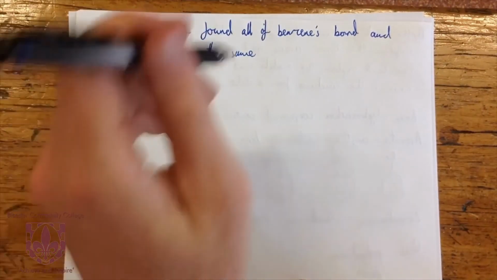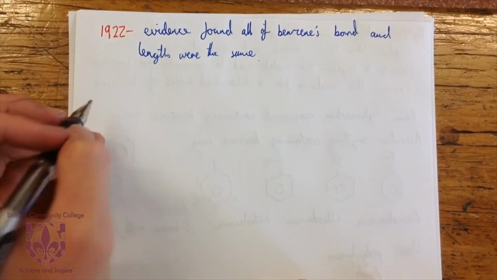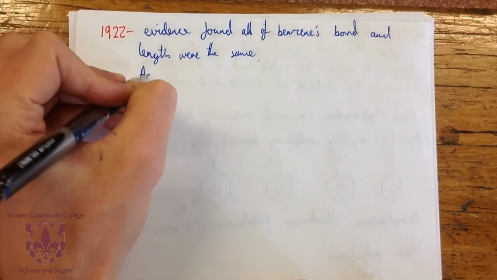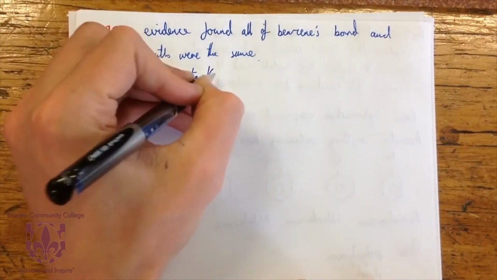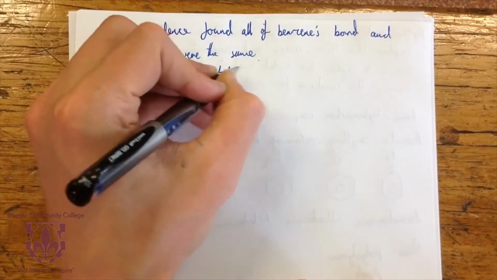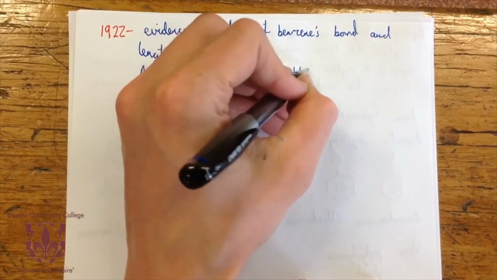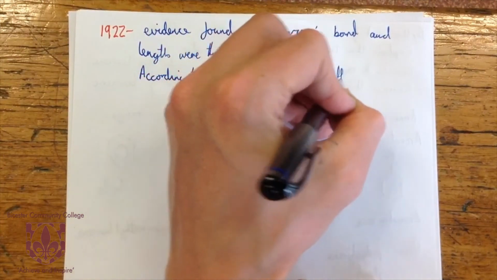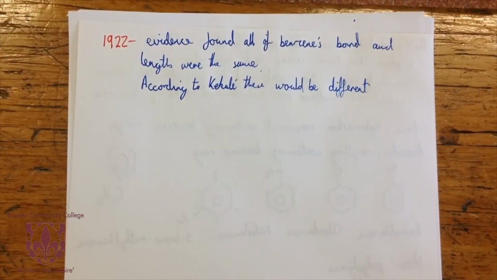Okay, so all the bonds were the same length and all the bond angles were the same. And according to Kekulé, these would be different. So if you had double bonds and single bonds, they would be different lengths.